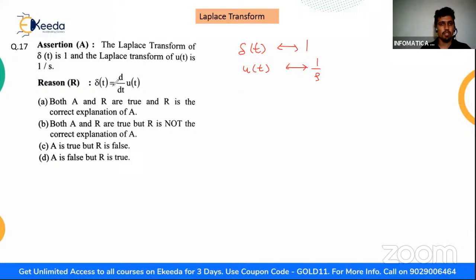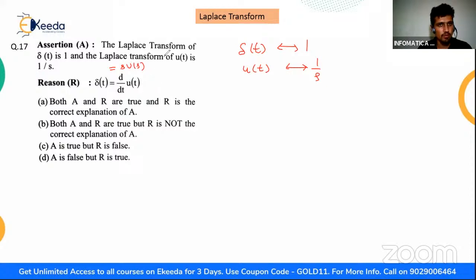And we know this also, del t is the differentiation of this. So if we convert to the s domain, Laplace transform will be s multiplied by U of s, capital U of s. U of s we know is 1 by s. Both A and R are true.